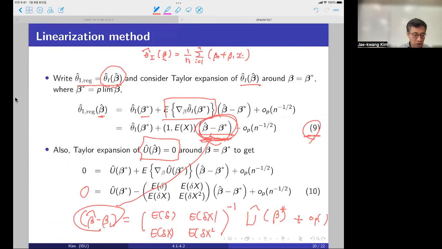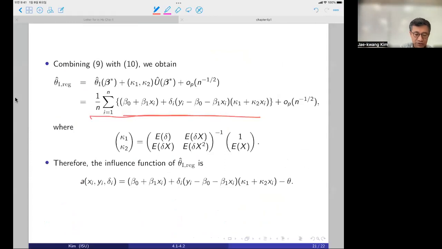So you have to use another equation to combine, to finally get rid of the beta hat minus beta star, and that's what you get here. So that is the linearization. Almost always, your linearization will be some linear, convex linear function of the estimating function, and you only have to figure out how to compute this coefficient.